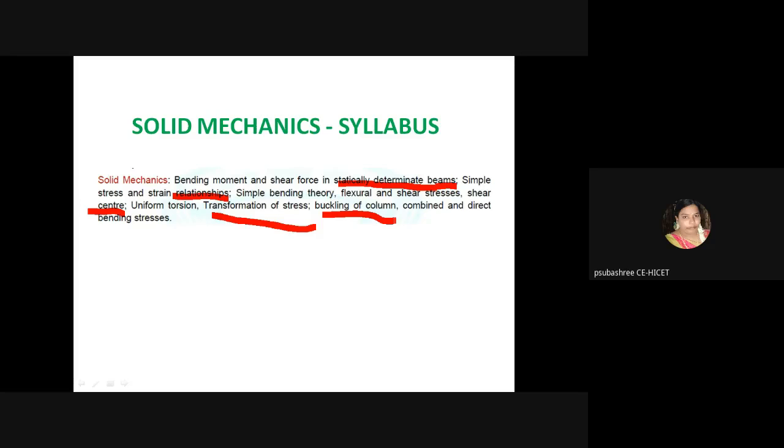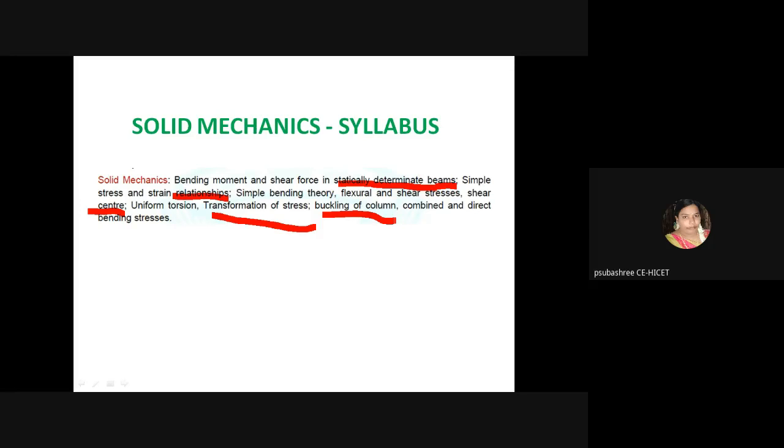That's all. It covers introduction to stress, then shear force and bending moment diagram, then theories of failure, meaning principal stress, stress transformation, then bending and shear stress, flexural theory and theory of failure.